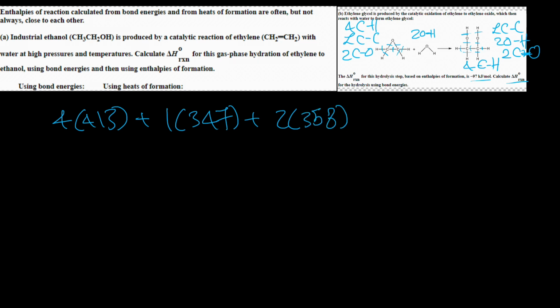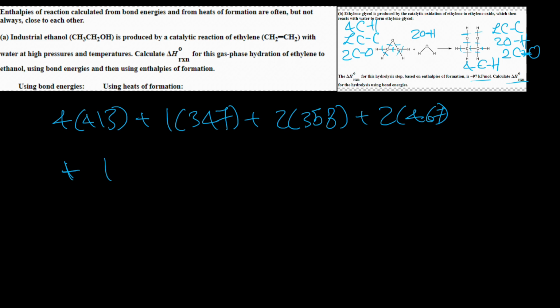And now we do the same thing that we did in the first part. So 4 times CH, which is 413, plus 1 CC, which is 347, add that to 2 CO, which is 358, and then add that to 2 OHs, which is 467, and then we're gonna add that to the bonds that we're forming, which are going to be negative because it takes energy to form bonds.